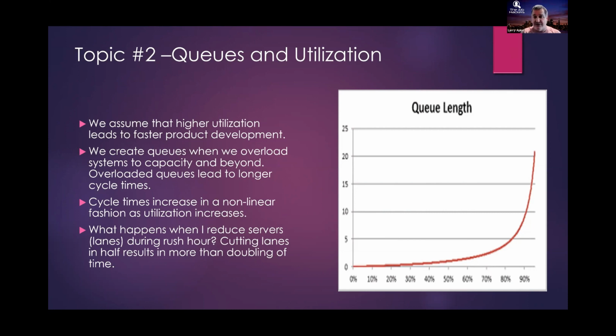I mean, a traffic jam is high utilization of resources. We're throwing as many cars as we can at the problem, but that doesn't solve the problem. Because when we overload queues, the cycle time, the ability to move through the system, increases in a nonlinear fashion. We all know this. And it looks something like the picture on the right, which is capacity, queue length.